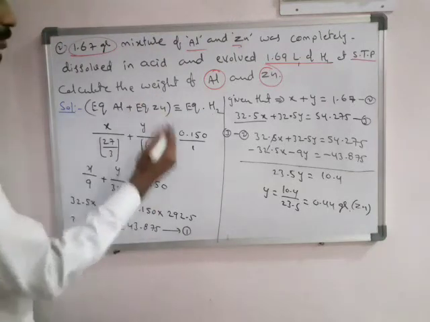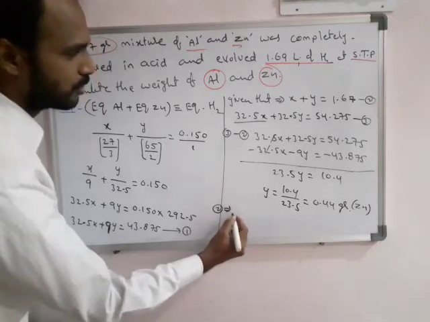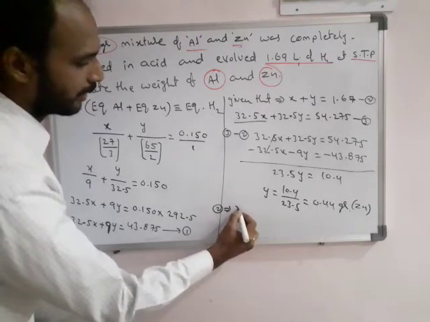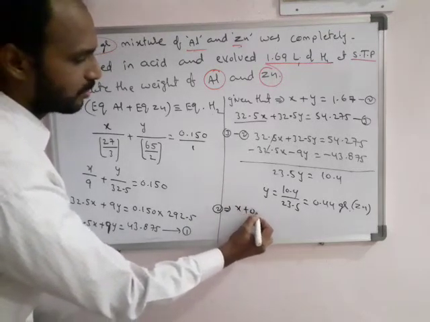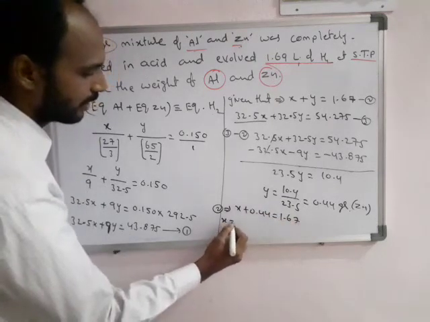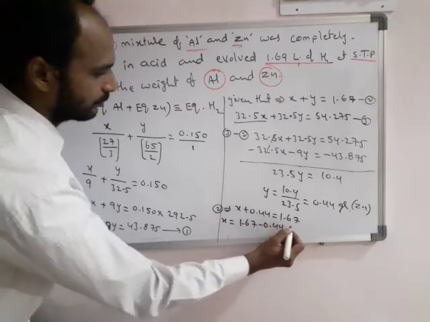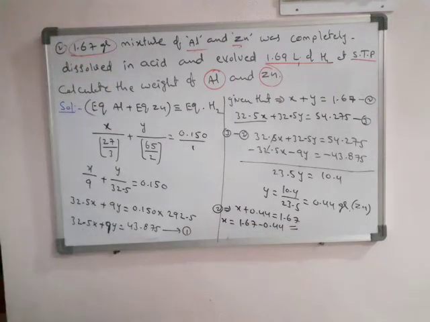Then what about aluminium? So substitute in equation 1, x plus y. X plus 0.44 equal to 1.67. So finally we will get x, that is approximately equal to 1.67 minus 0.44 grams.